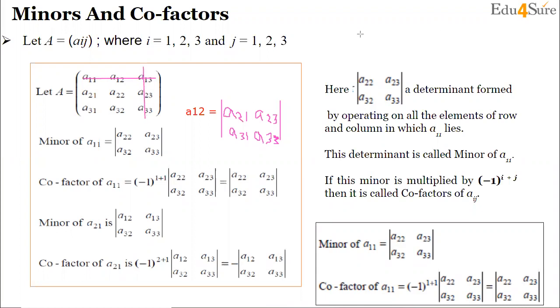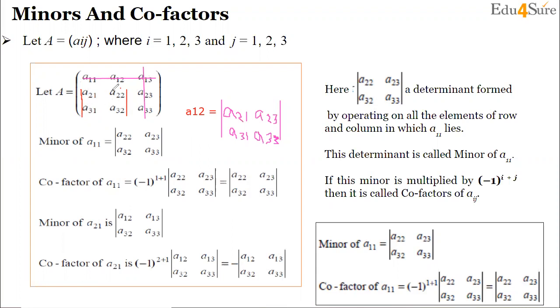The minor of this A13 will be this one. I hope it is clear to you how to find the minor.